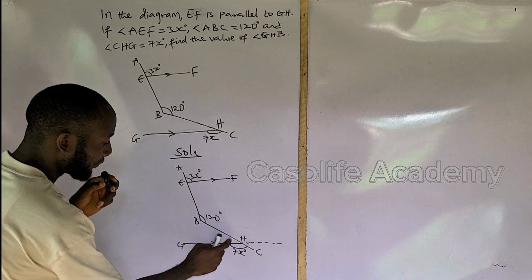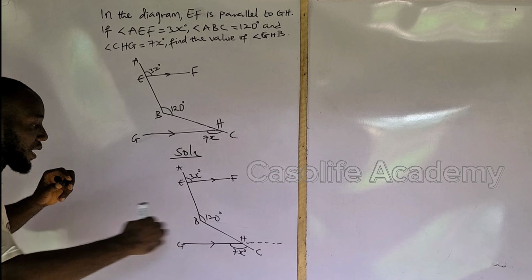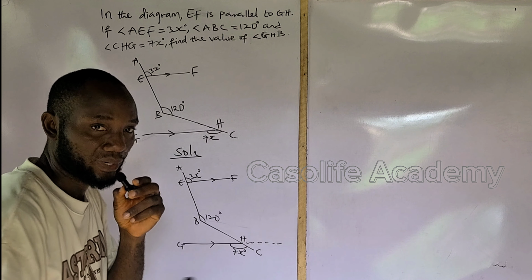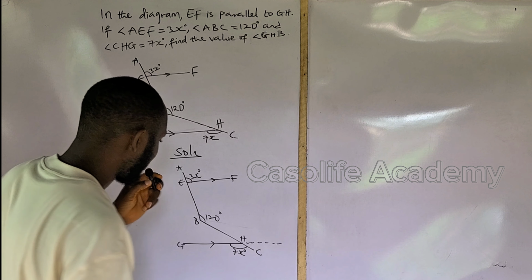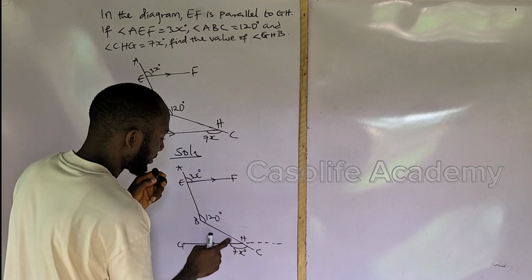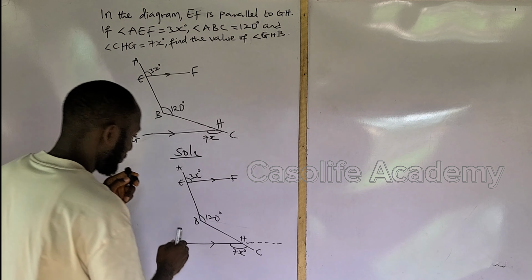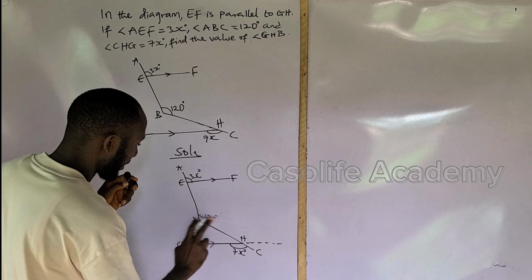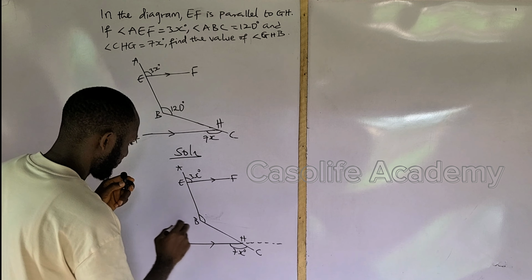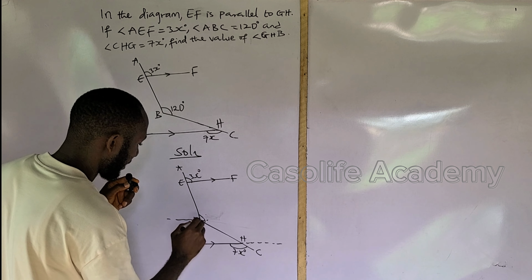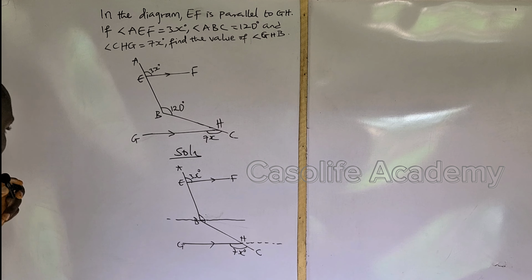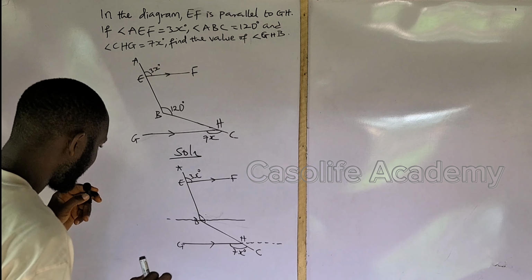But remember, we are looking for this space, so we form as much straight line as we can to get the one that will give us this place. So I can form one here also. Permit me to get rid of this angle. So form a straight line to pass through this angle. I think that is the only straight line that we need.